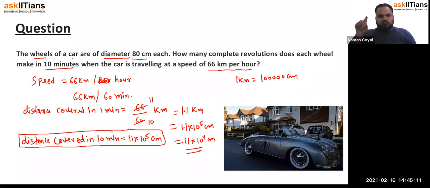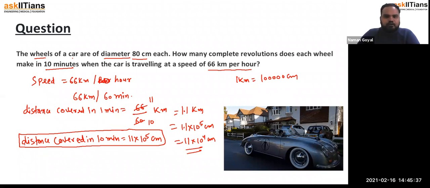Now, in one revolution, the circumference of that wheel is covered. For one revolution, the distance covered by the wheel is the circumference. So for the total distance, let the number of revolutions be n. Then n into the circumference of the wheel is the total distance.